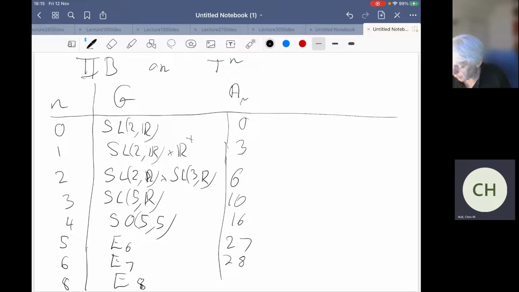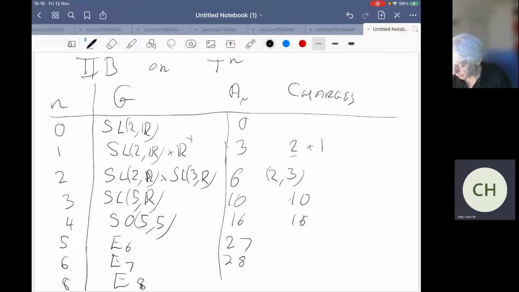And if we look at the corresponding electric charges in each of these cases, these transform in the 2 plus 1 of SL2. Here these transform in the 2, 3 of SL2 plus SL3. Here they're in the 10, here the 16.